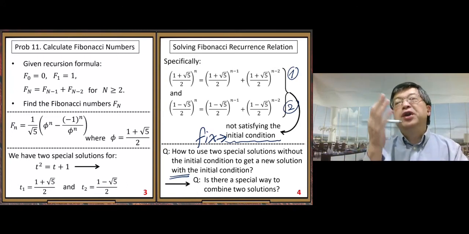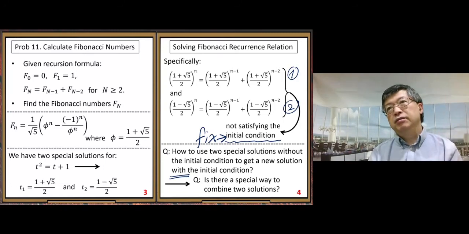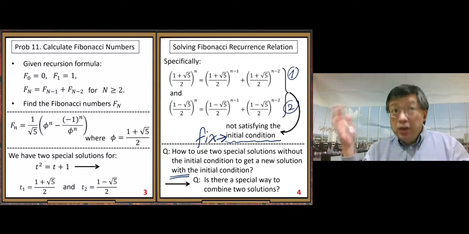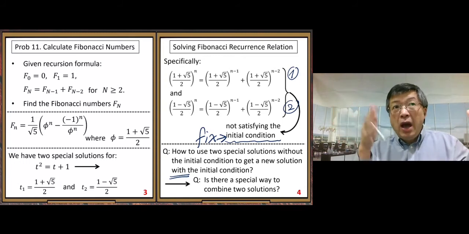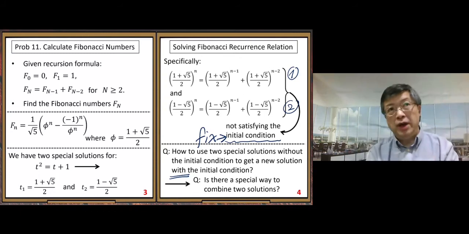How do you produce a new solution? A new solution should be related to old solutions, because they're all solutions and have similar structures. They should have some relationship, right?